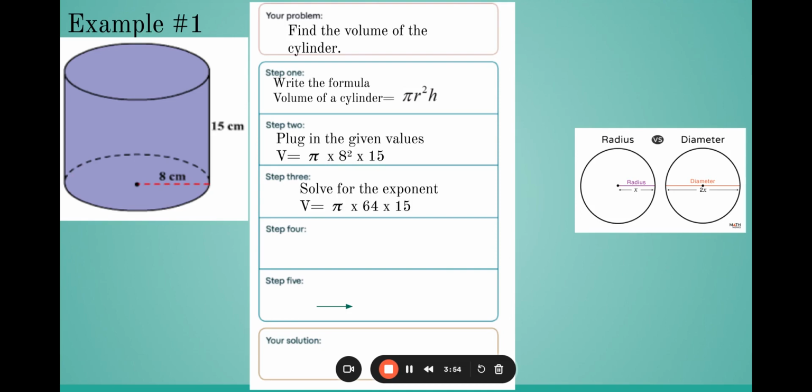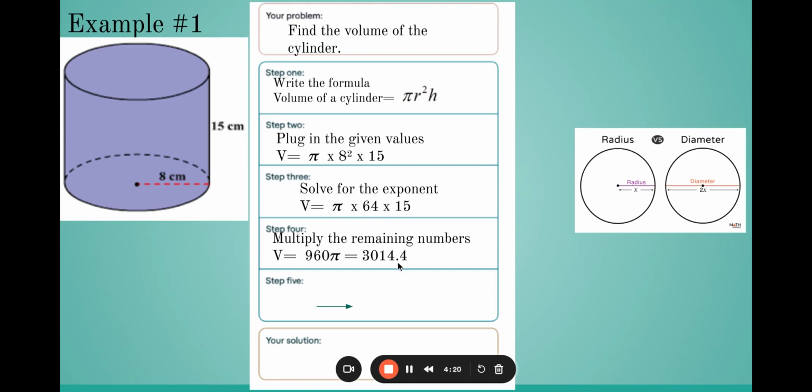Step 3 is to solve for the exponent first, because that is first in the order of operations. So now we have pi, we can just bring that down, times 8 squared, which is 64, times 15, which is our height. Step 4 is to multiply the remaining numbers. So we can do it in parts or all at the same time.